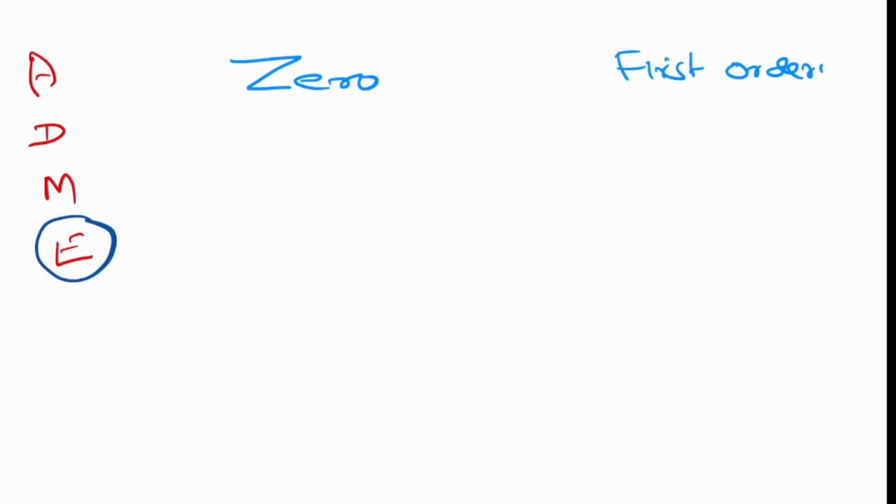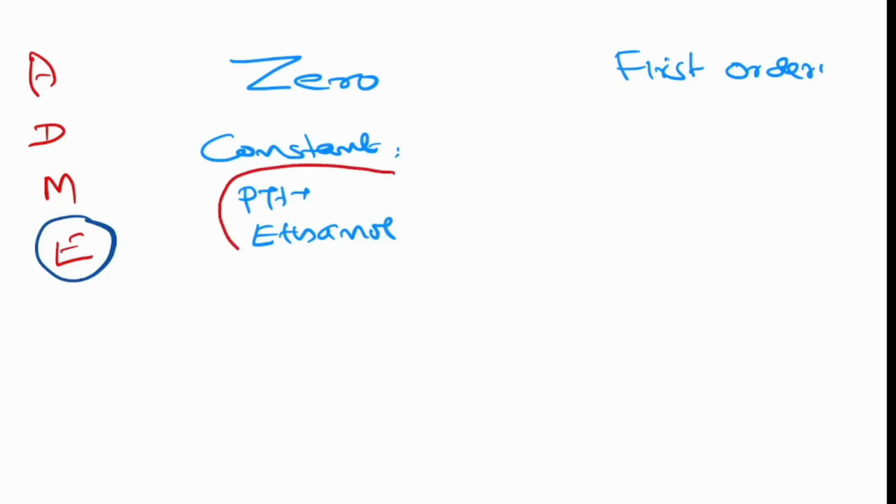Zero order is a constant amount of drug is excreted independent of the concentration. Classical examples are phenytoin and ethanol. So remember 2 examples for zero order kinetics: phenytoin and ethanol.